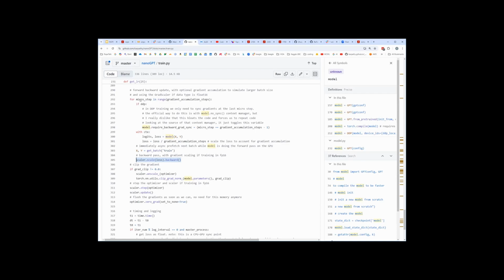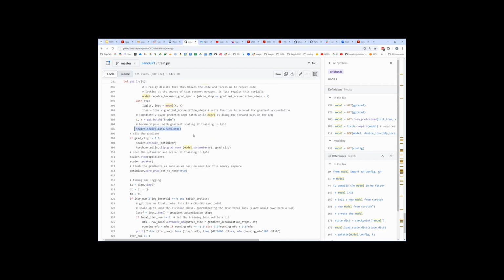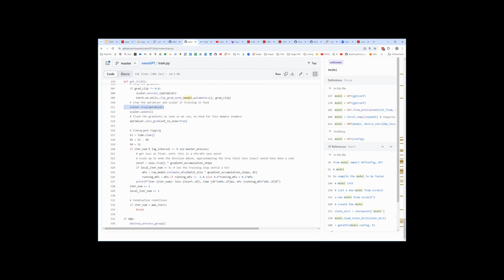Backward pass with gradient scaling if trained in fp16. So gradient scaling is something else. I'm not quite sure what gradient scaling is. But after some microsteps where you've accumulated the loss, you will apply the gradient using the accumulated gradients from multiple micro batches. And that's pretty much it.